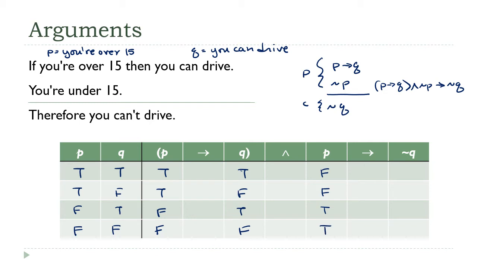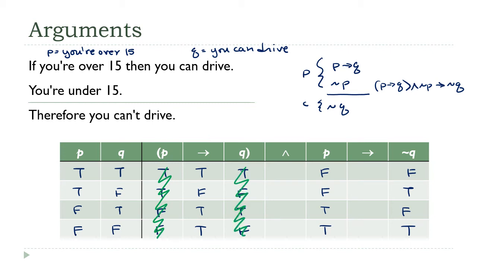And finally, not Q is false, true, false, true. All right, so let's fill stuff in, starting with the parentheses. The arrow comes first, and that is only false when I have a T and an F. So this one is false. These three are true. Now we can cross these off, since those have all been simplified into the middle column.